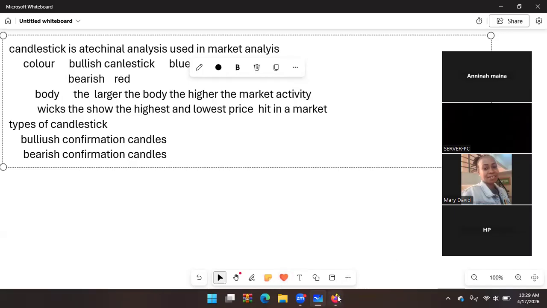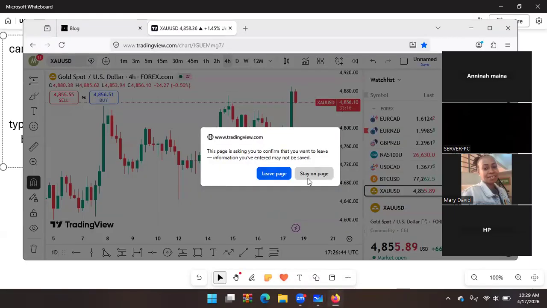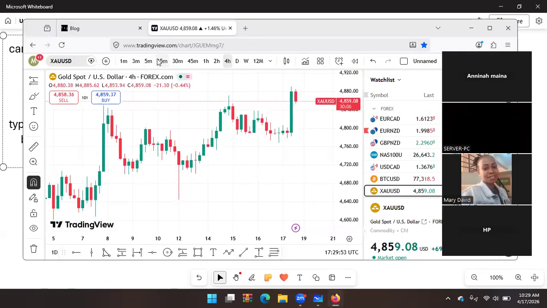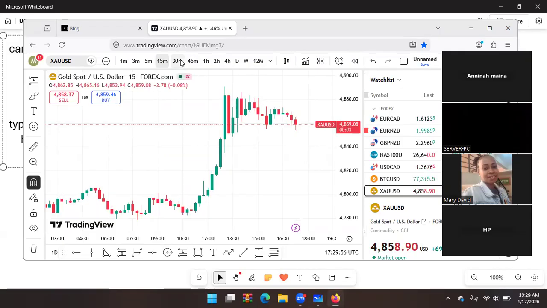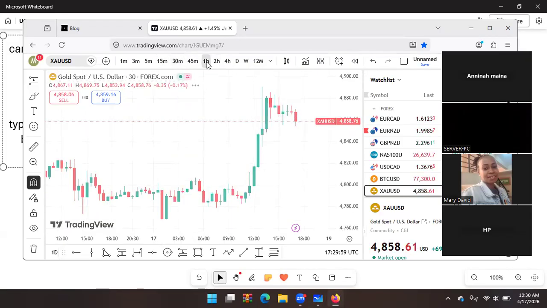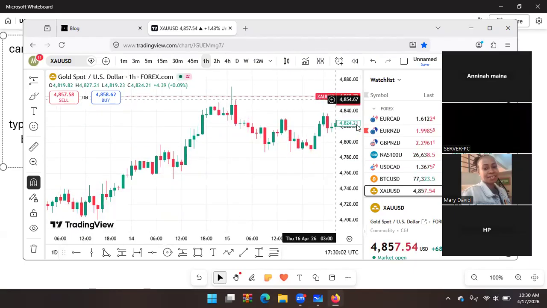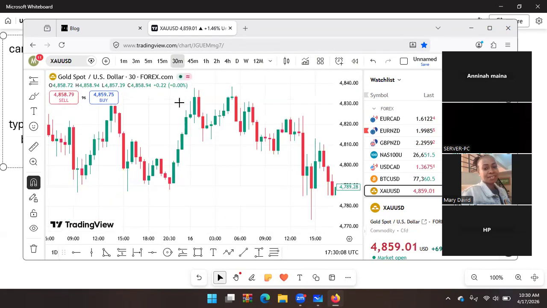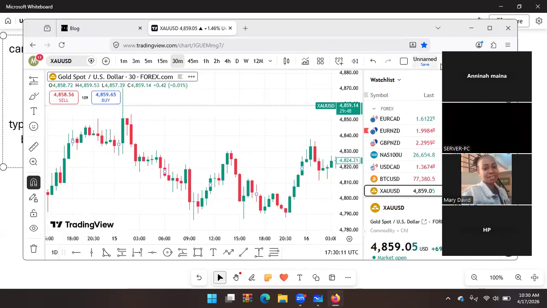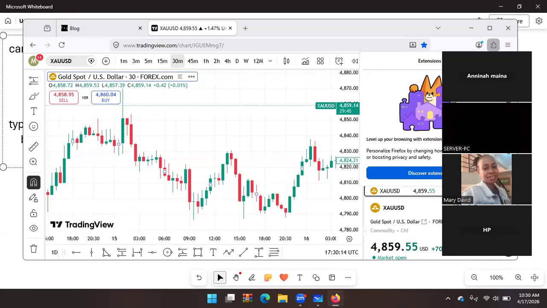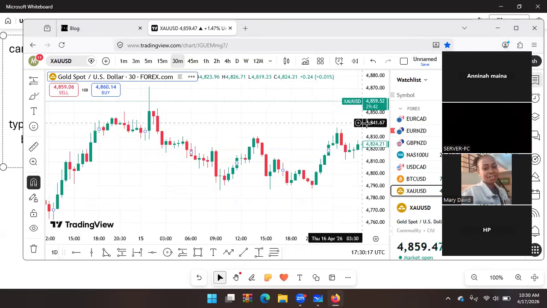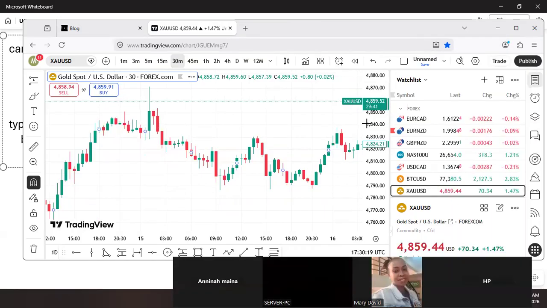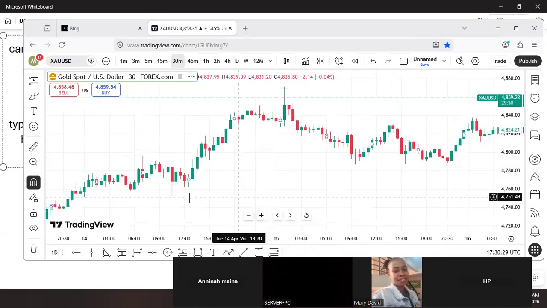For example, going to a real chart, I want a market that is very bullish.